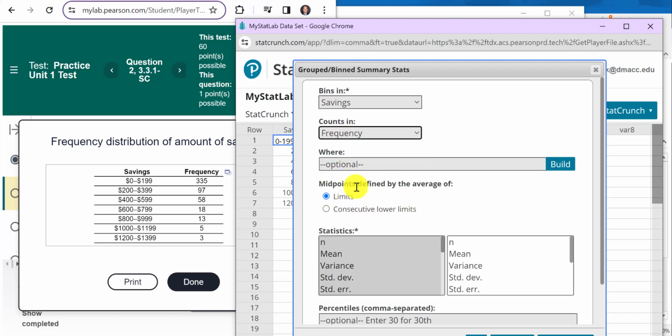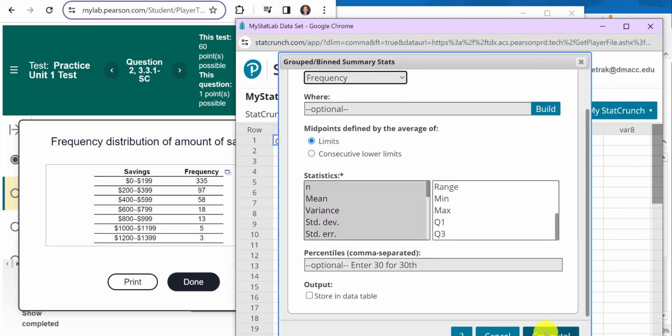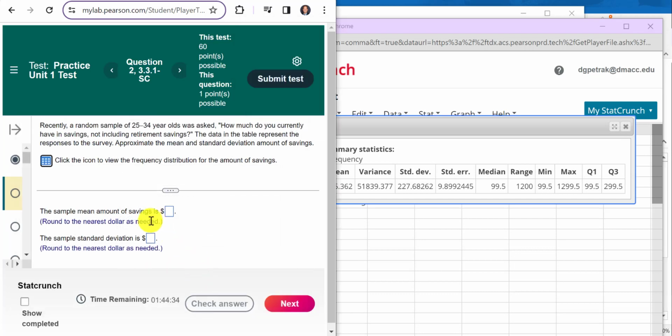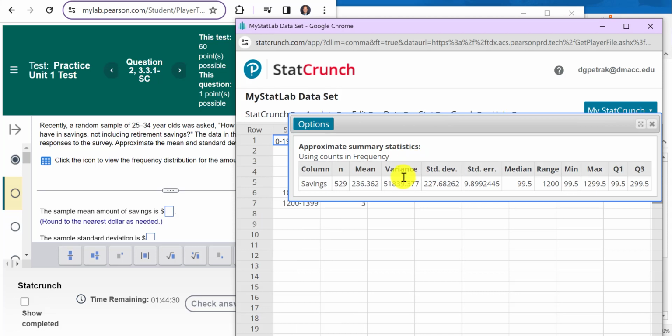And you can pick the midpoint on the limits of the interval or the consecutive lower limits. I'm just going to do the first one, the default, and see if it likes that one. So I'm just going to compute there. All right, and so we've got that. So the sample mean, rounded to the nearest dollar, would be 236.